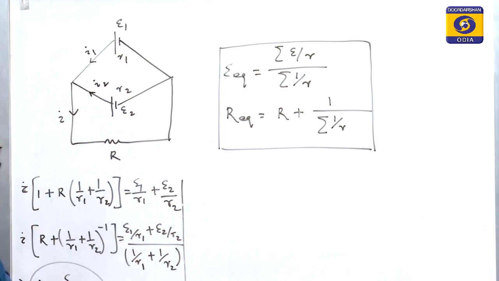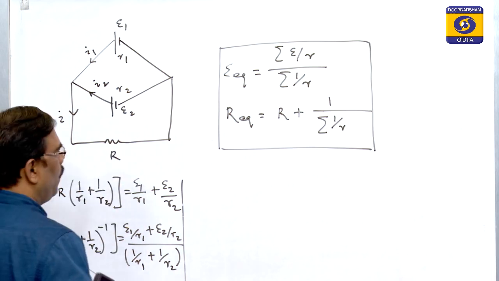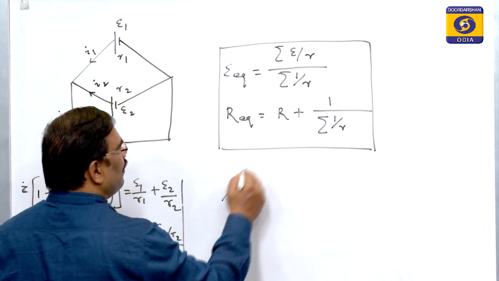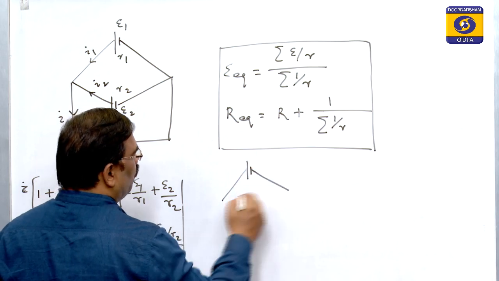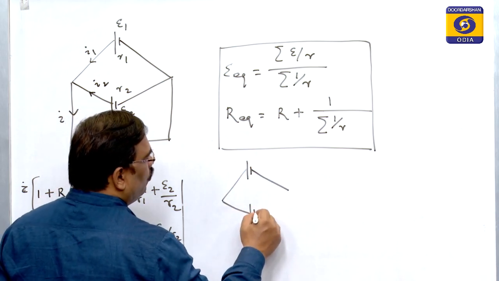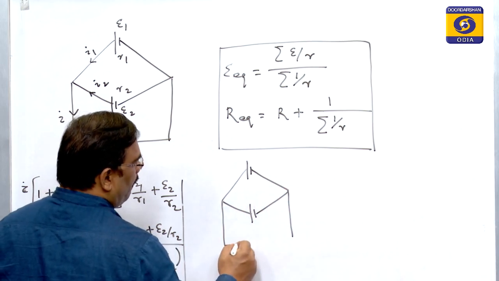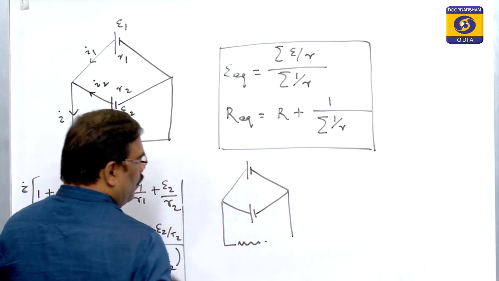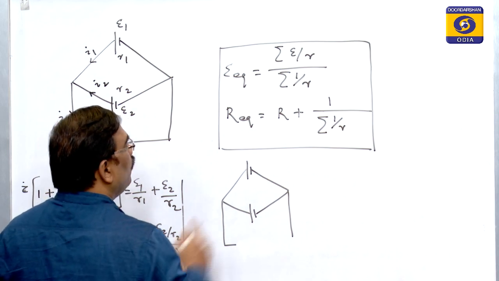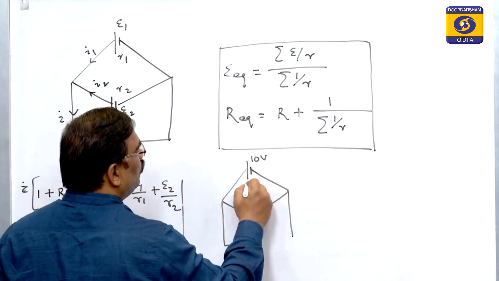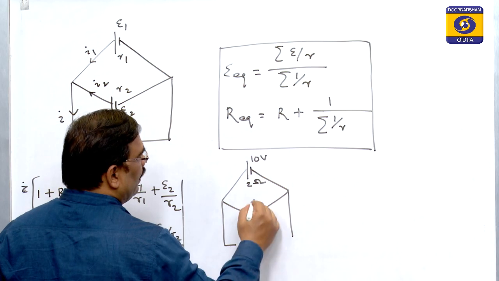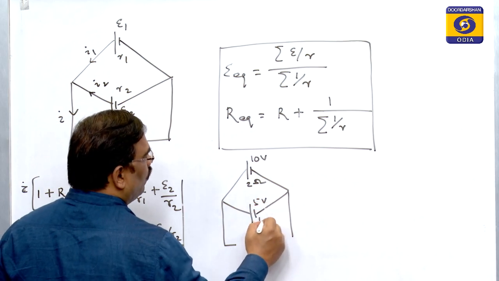For an example, let us take a very small example. Suppose there are two batteries. Suppose this is 10 volt 2 ohm and this is 5 volt 1 ohm.